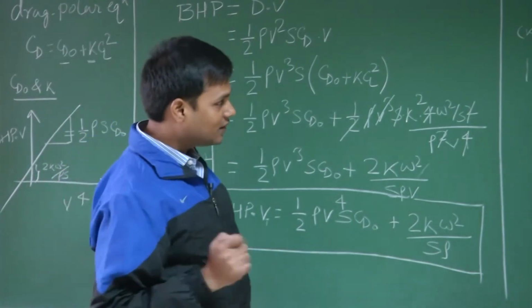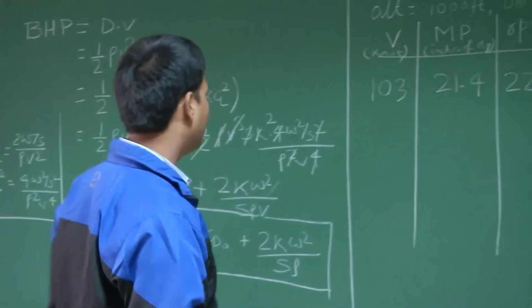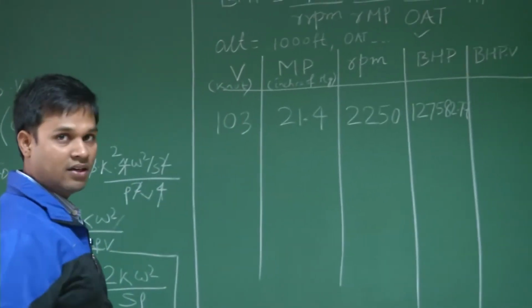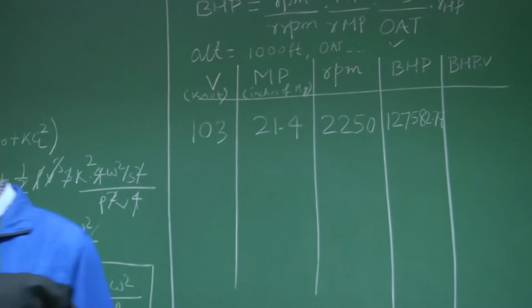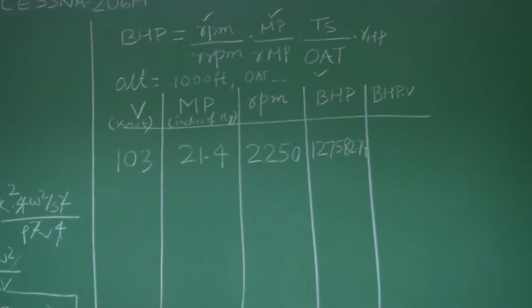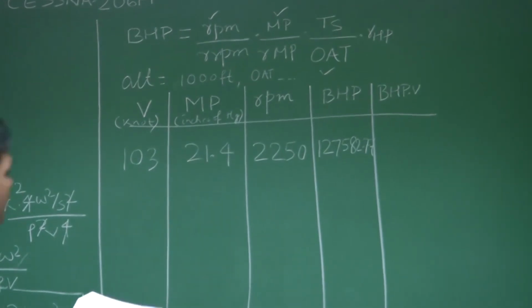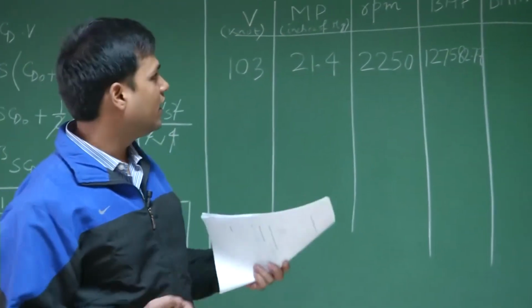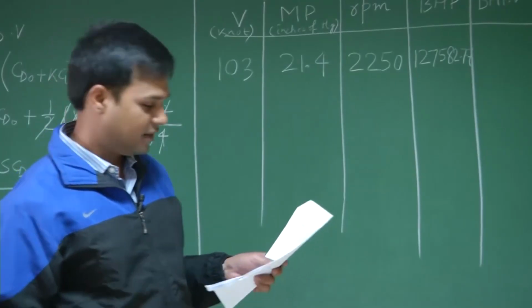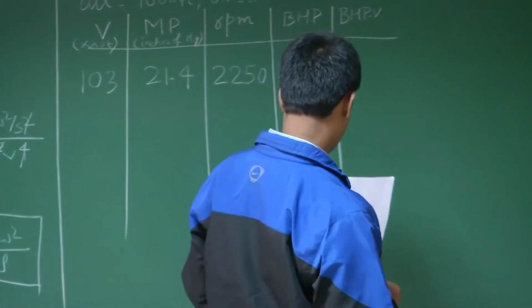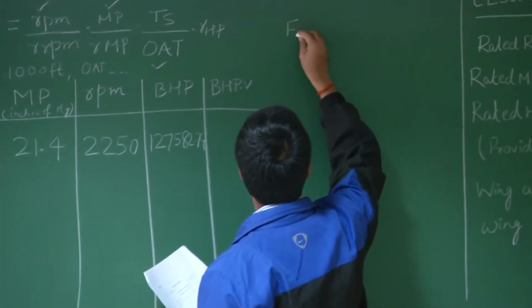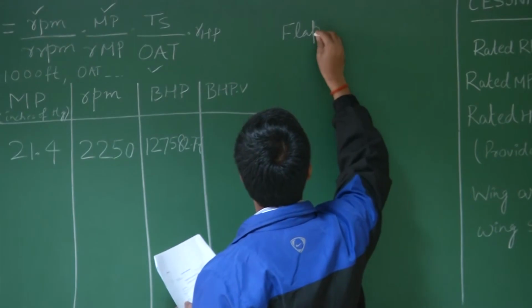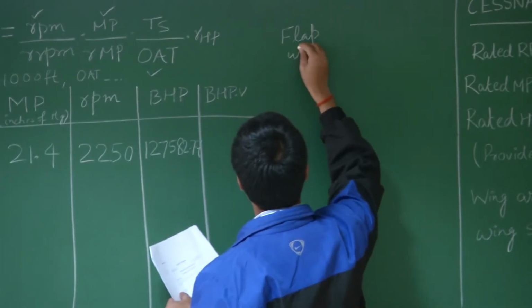Now a question arises: how will you convert this indicated airspeed to true speed? First of all, for different kinds of aircraft you will get a calibration chart. With the help of that you can convert your indicated airspeed to the calibrated airspeed. Let me give you a small example through this configuration. Suppose it is the flap up configuration.